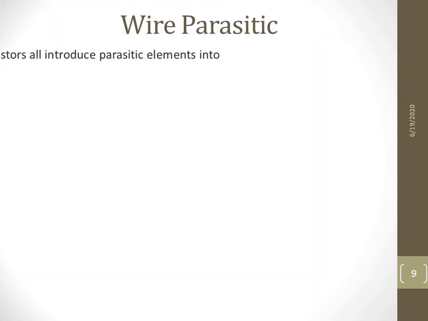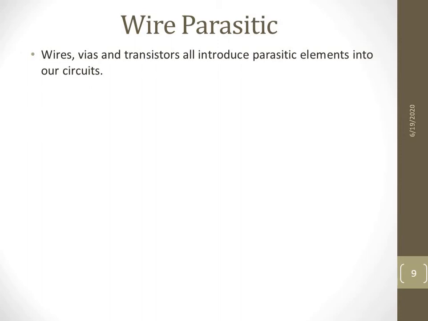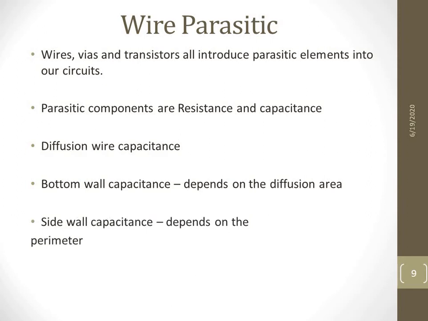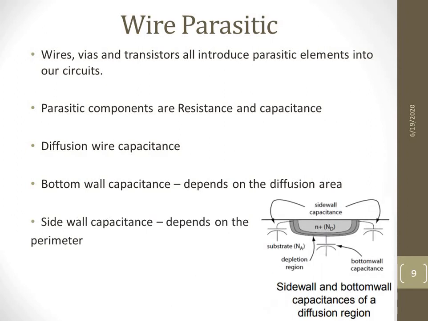So now moving on to wire parasitics. Wires, vias and transistors all introduce parasitic elements into our circuits. The parasitic components are resistance and capacitance: diffusion wire capacitance, bottom wall capacitance, which depends on the diffusion area, and side wall capacitance, which depends on the perimeter.